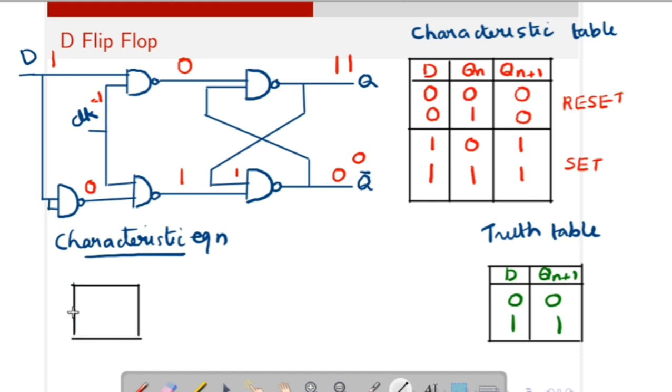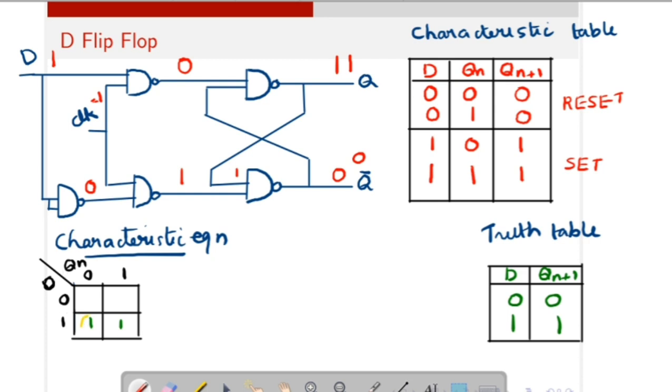So we draw a two variable K map. Inputs are D and Qn. The output is equal to 1 for the cells 1, 0 and 1, 1.